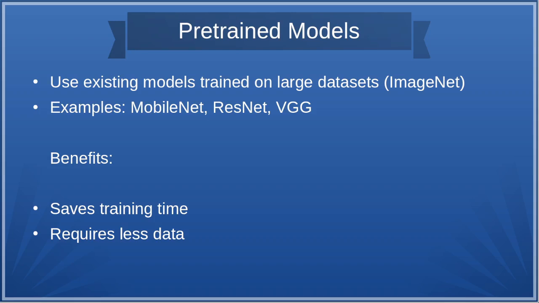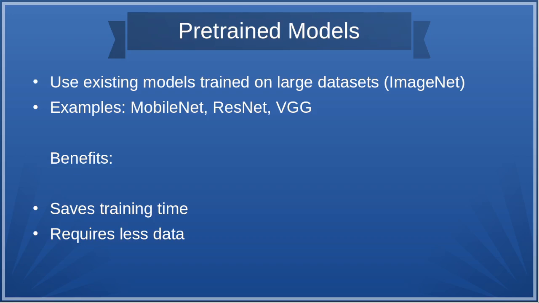Similarly, in computer vision, we have a lot of pre-trained image models, trained with large image datasets like ImageNet. ImageNet has a lot of sample images, and pre-trained models like MobileNet, ResNet, and VGG are trained with large image datasets like that.